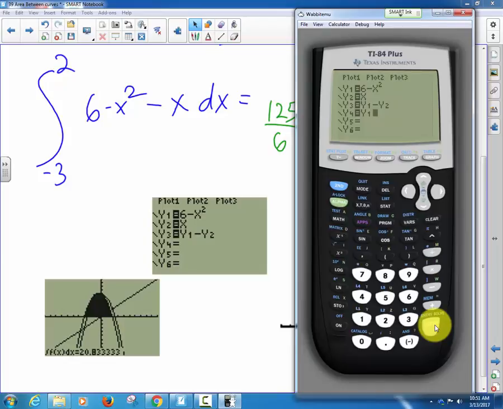Let's see. Second, calculate 7. Oh, it won't graph it. Variables, Y variables. Oh, you don't.